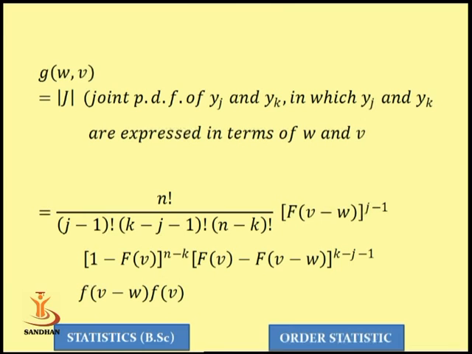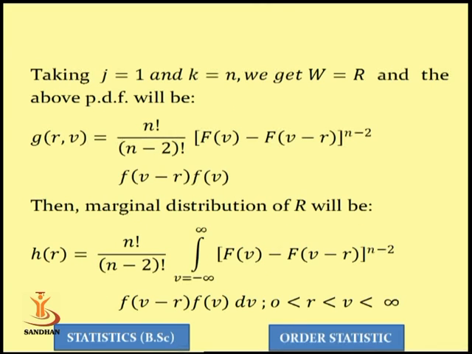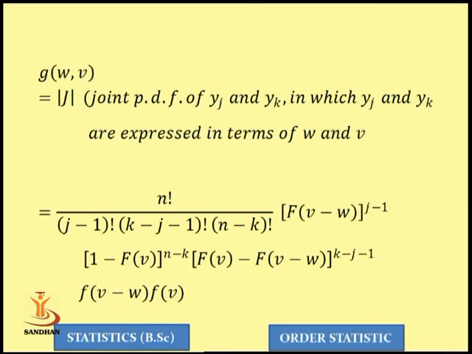This is in general a joint distribution of w and v. Now if in particular you are interested in the distribution of range, then you can take j as 1, k as n. So w is equal to r. Your range is now w.